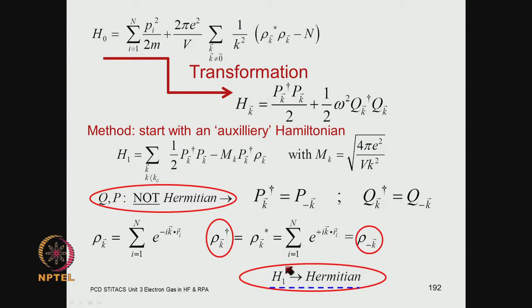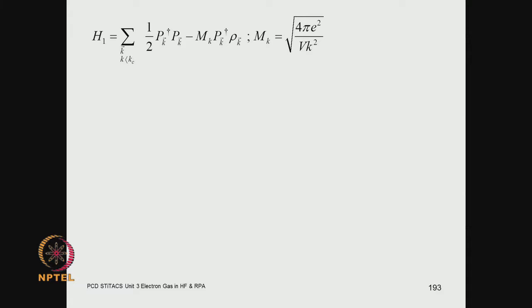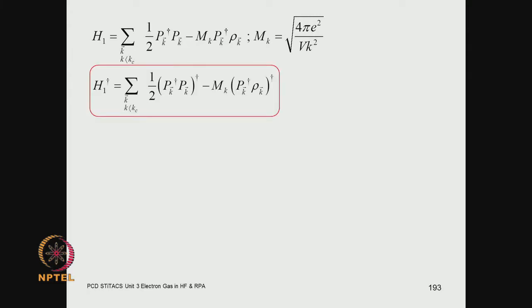H1 however is Hermitian. Okay? You can see that quite easily by finding out what is the adjoint of the operator H1. So, this is the adjoint of the operator H1. You take the adjoint of all the terms. So, you take the adjoint of the first term, which is p dagger p, and then you take the adjoint of this m p dagger rho.